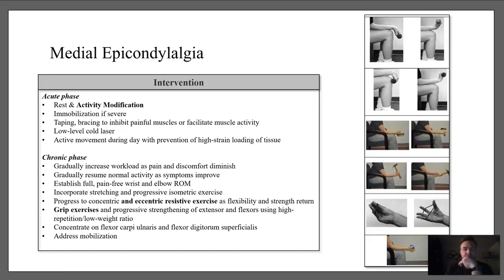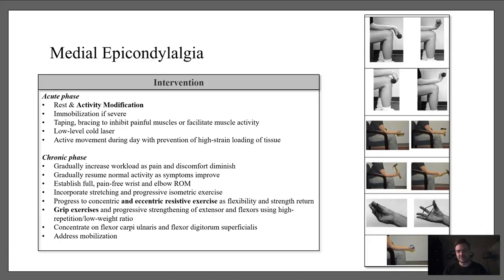So what do we do for interventions? Well, I find that the flexors and pronators of the forearm are much more robust and able to take strain and load. And so I find myself loading these individuals more than lateral. And they seem to not get as aggravated or irritated with resistance training as lateral epicondylalgia patients. But most of these exercises are very similar.